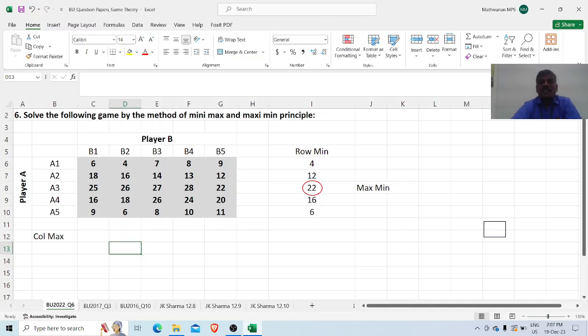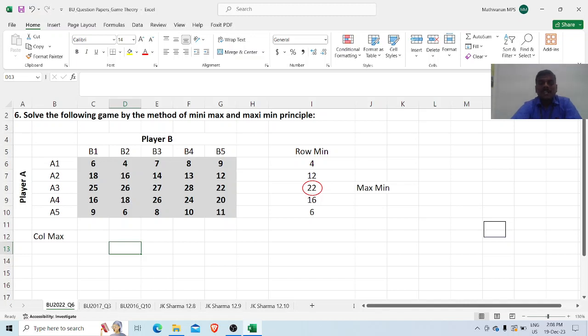When player B is using the first strategy, irrespective of the strategies of player A, B is going to lose 6 points when player A is using the first strategy, 18 points when player A uses the second strategy, and 25 points when player A uses the third strategy.